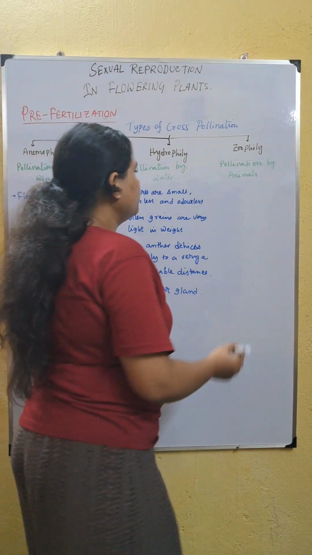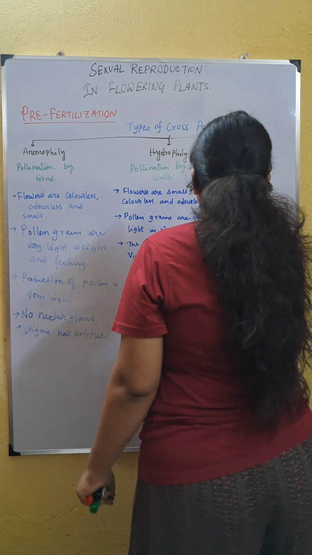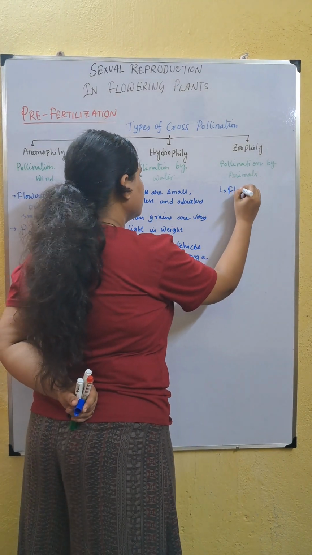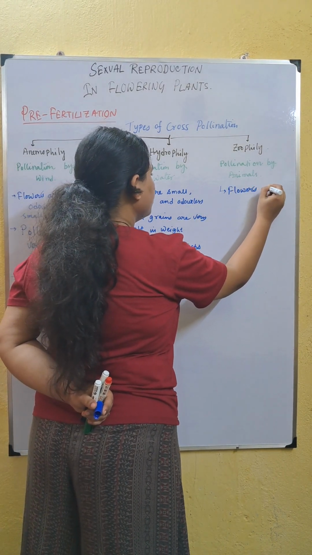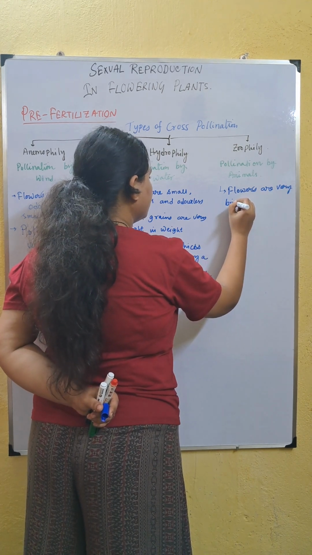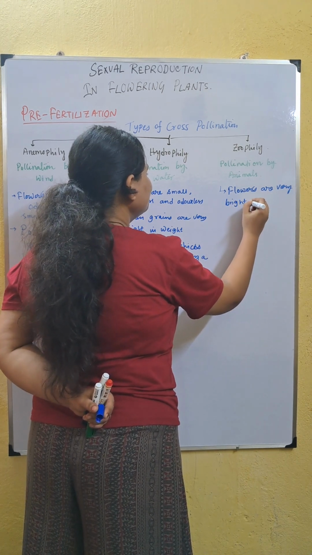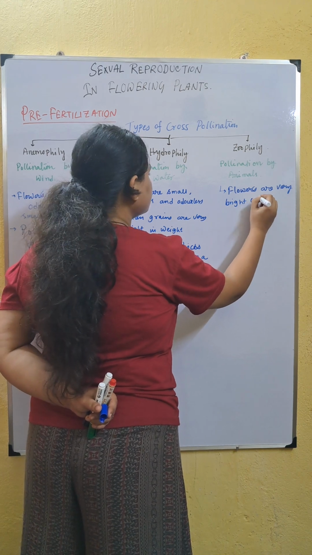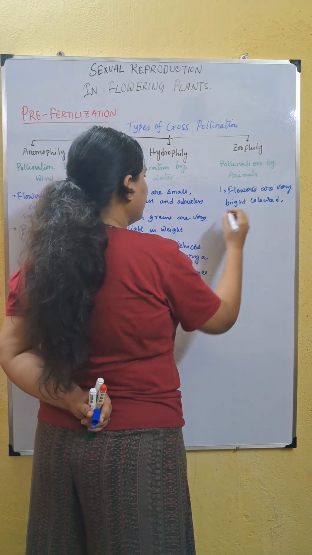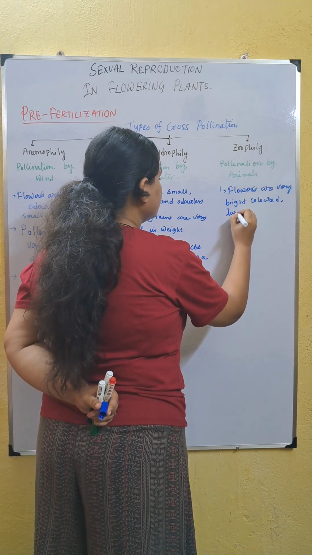Now, if we talk about pollination by animals, or zoophily, the flowers are very bright and of different colors. And they are very large.